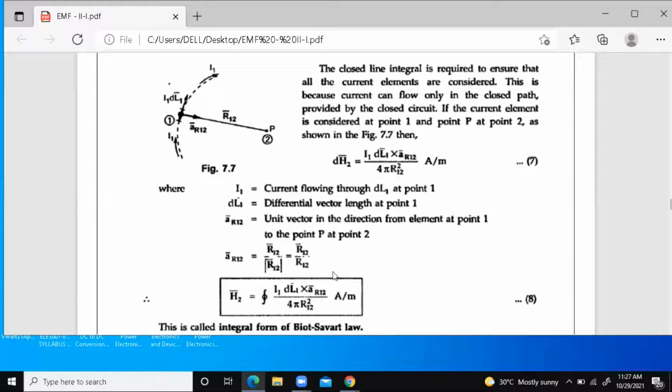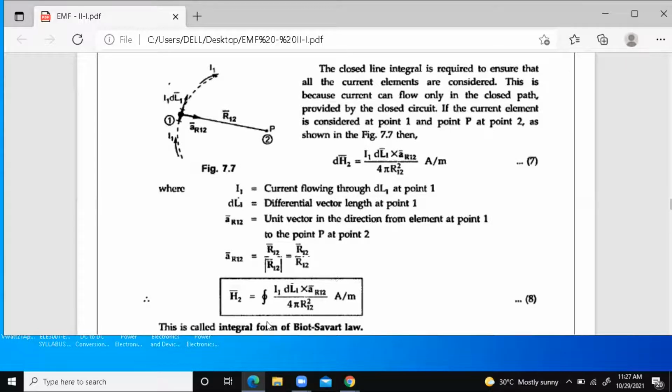Your differential element dl would be quite similar to a point charge, but here you cannot have a current I flowing if you don't have a complete circuit.